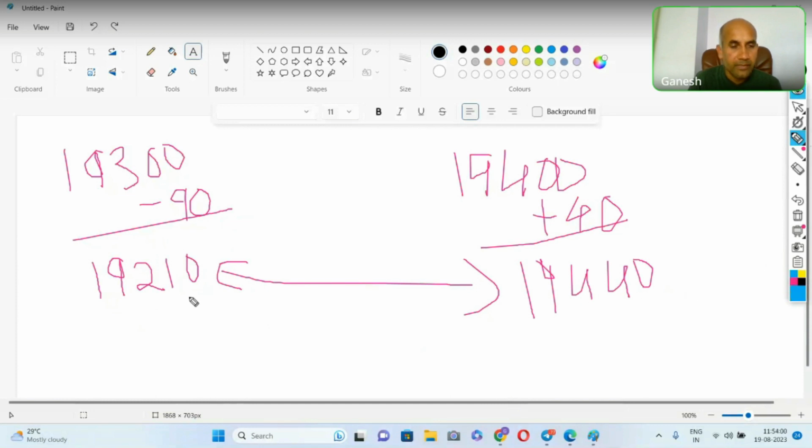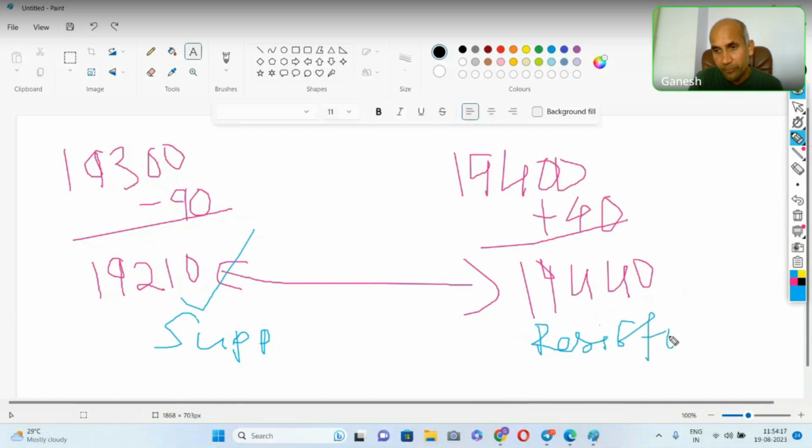19,200 is the lower side support. This is called expected support. 19,440 is expected to be resistance for this expiry. Okay, is it clear now?